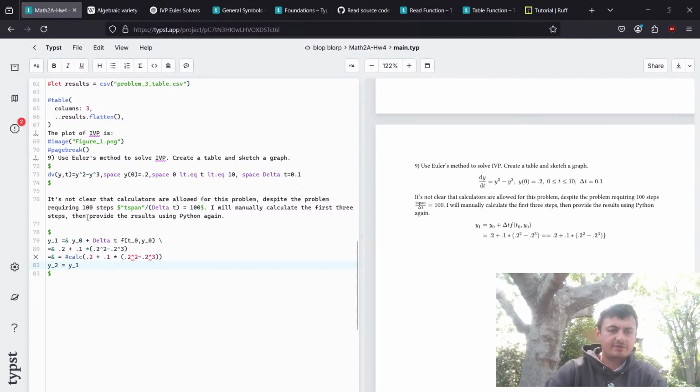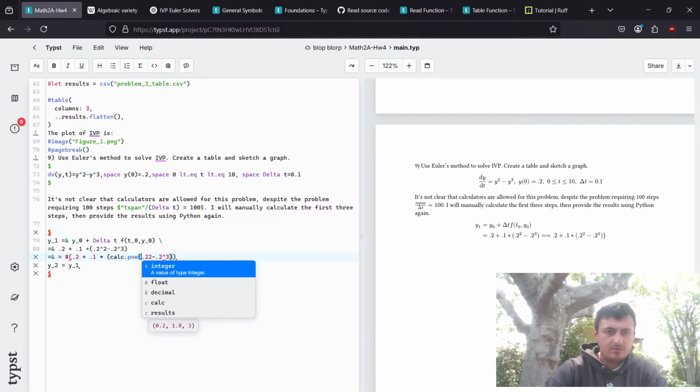Okay, so I think what I have to do is do this, and then you do calc.path. What a joke, dude.